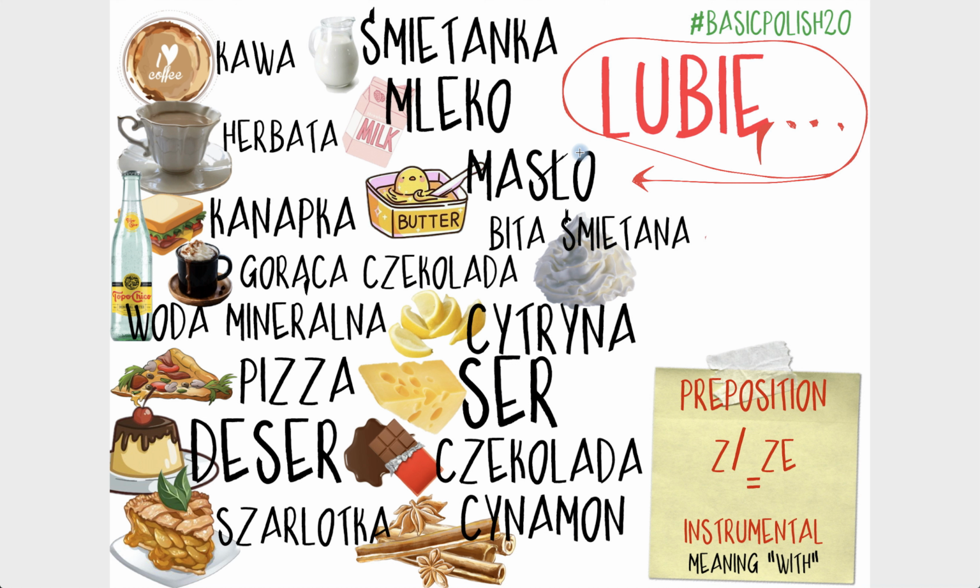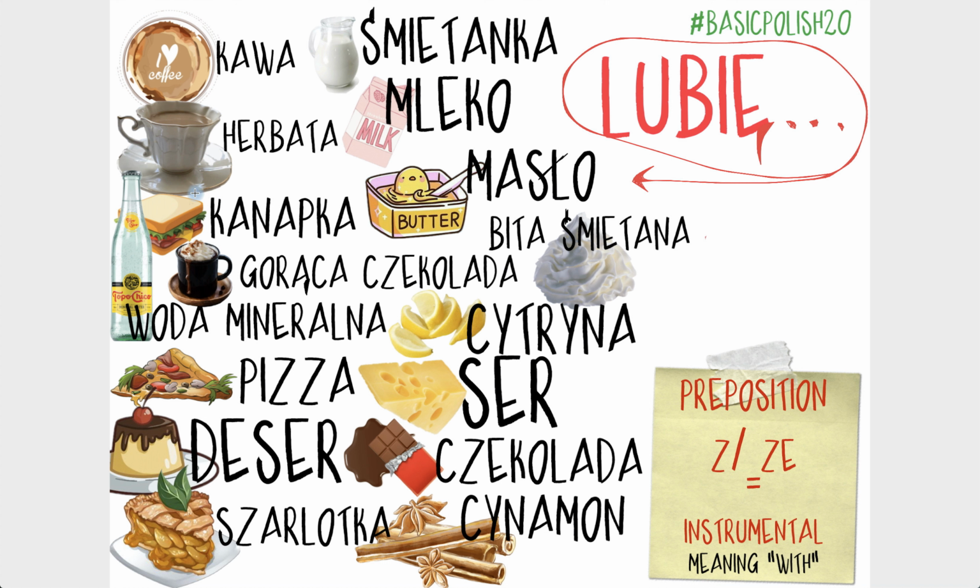New word, masło, butter. Again, this is a neuter word. Drop o, and you've got masł. It's not the k letter, so there is no need for softening anything. So add m, and you've got its instrumental version, with butter, z masłem. We also don't need to use the extended version because nothing is accented here. So z masłem, with butter.